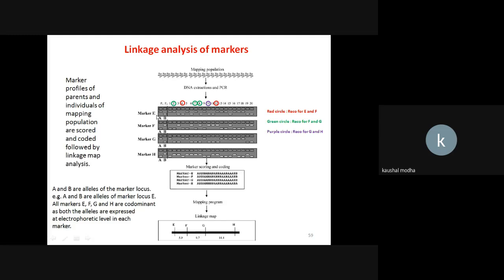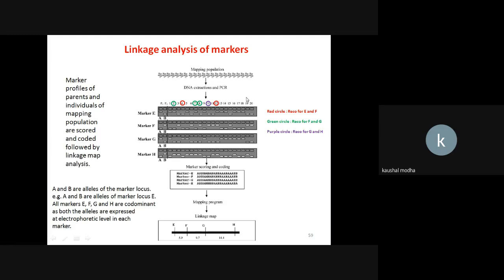These 2 are the alleles of marker E, a separate locus. These are the 2 alleles of marker F. Alleles here means the band size. They differ. And by looking at this picture, you might be guessing, this is a codominant marker because both the alleles are expressed. Sizes are also different.